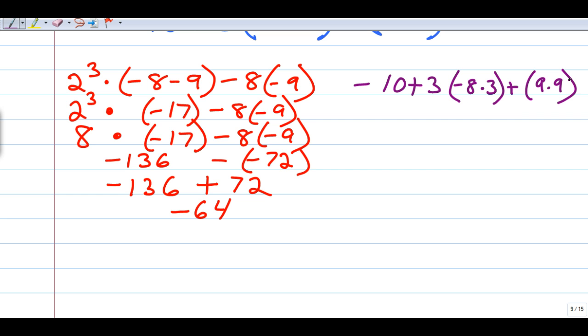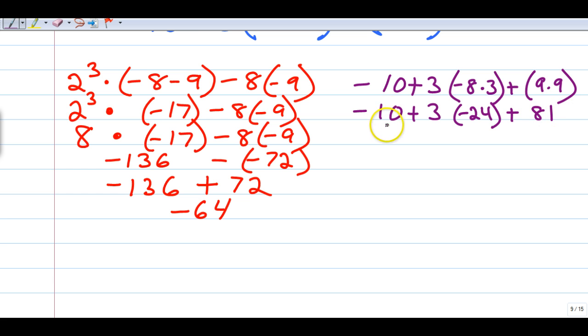Following order of operations, we'll complete what's inside our parentheses first, or our grouping symbols. So we have a -8 times a 3 to create a -24. We'll carry down that -10 plus 3, which we haven't yet used. We'll move on. Our next grouping symbol is a 9 times a 9 to create an 81.